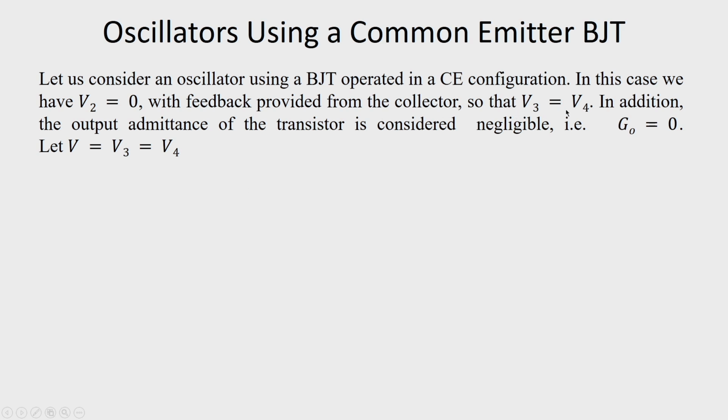So, V3 is equal to V4, and in addition the output admittance of the transistor is considered negligible. That means, we have G naught equal to 0, and let us represent V equal to V3 equal to V4.